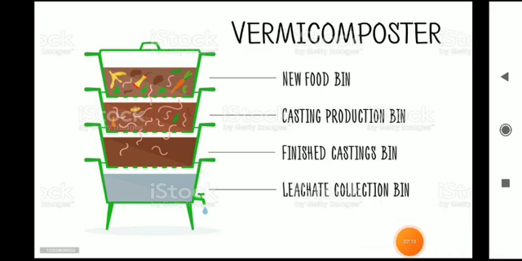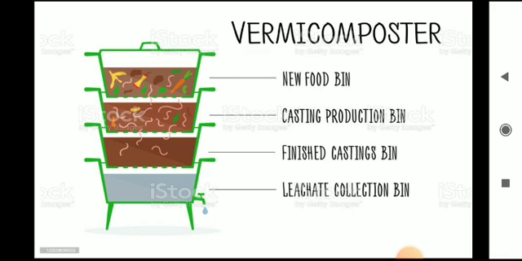Firstly, what will we do in vermicomposting? In vermicomposting, firstly the garbage is transported from our surroundings to the outside of our cities. And there soil and waste items are put in a wooden basket. Then earthworms are added.